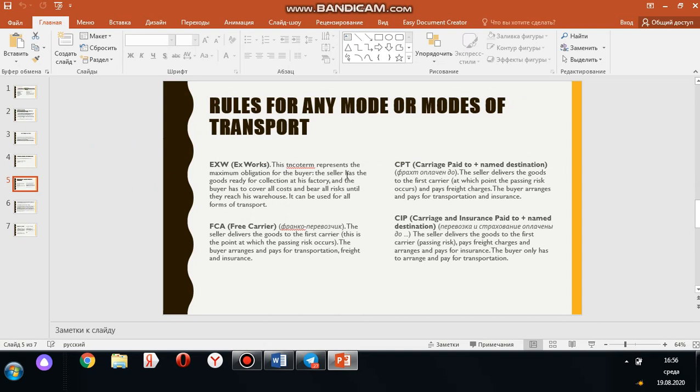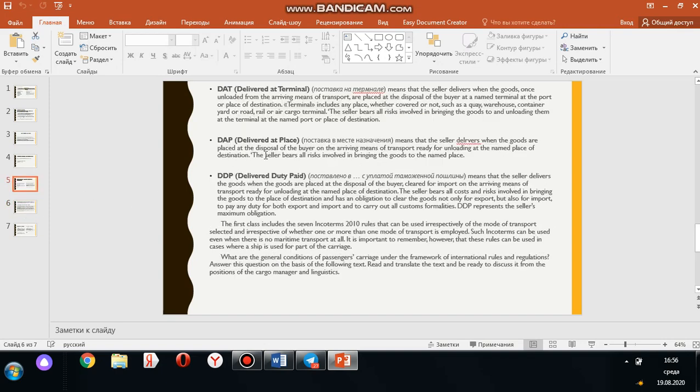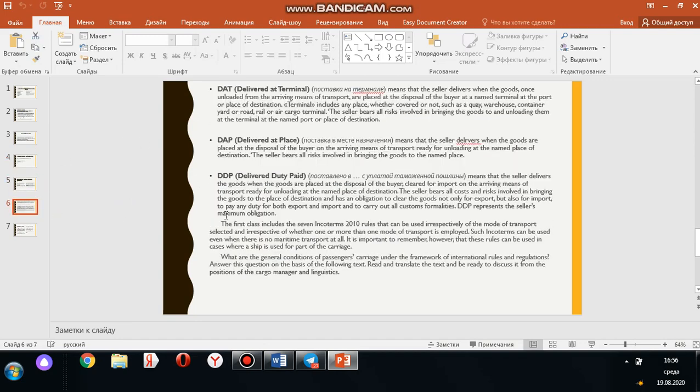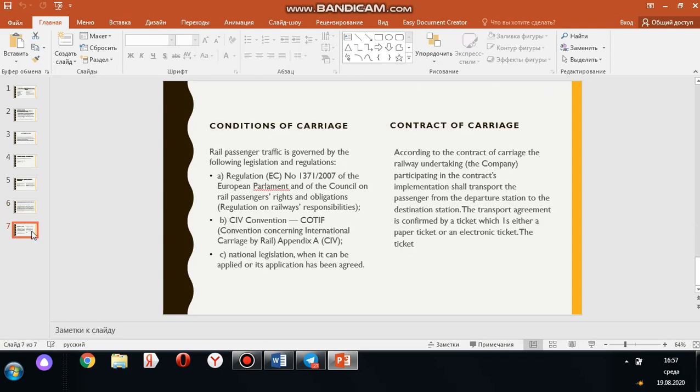Here are given rules for any mode or modes of transport, and then here we can see three types of Incoterms, and here we can see conditions of carriage and contract of carriage.